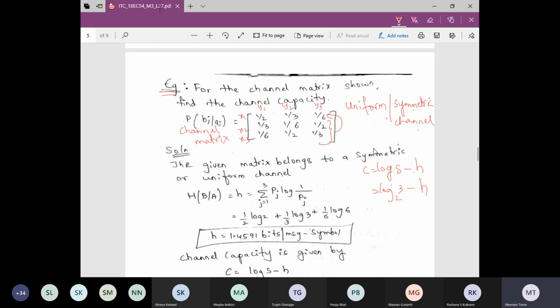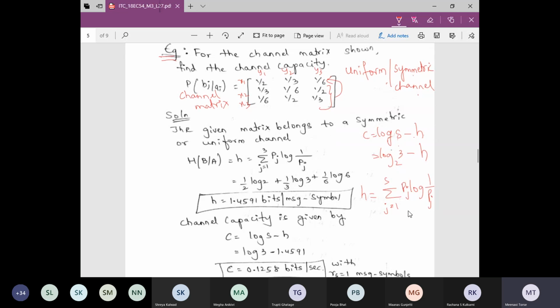And we need to compute what is H. H is nothing but entropy. What is the equation for H? Summation J equals 1 to S, P subscript J log of 1 by P subscript J. Since it is a uniform or symmetric channel, each row has the same elements, but the order is different.